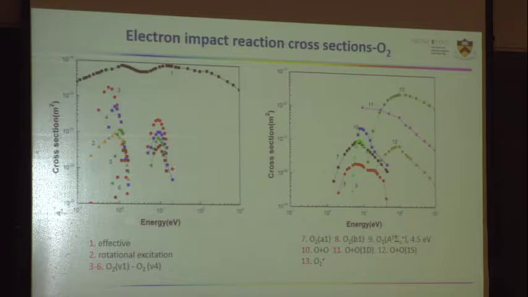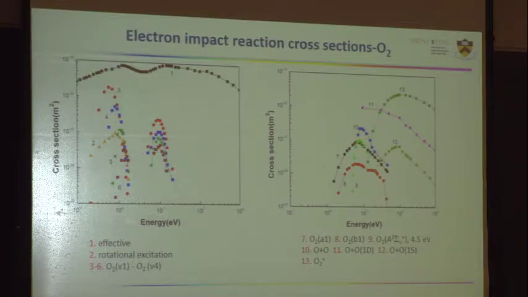If it's zero cross-section, that means nothing will happen, right? This reaction cross-section is highly dependent on electron energy. For example, rotational and vibrational excitation, particularly for oxygen, only happen around 1 eV.